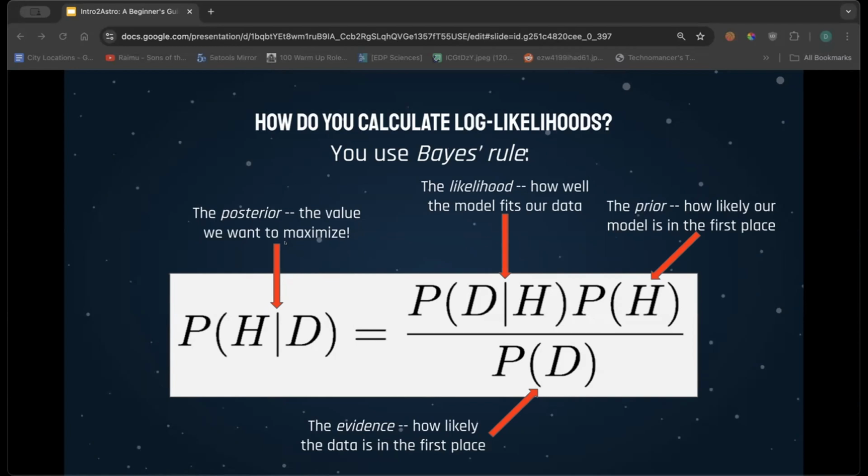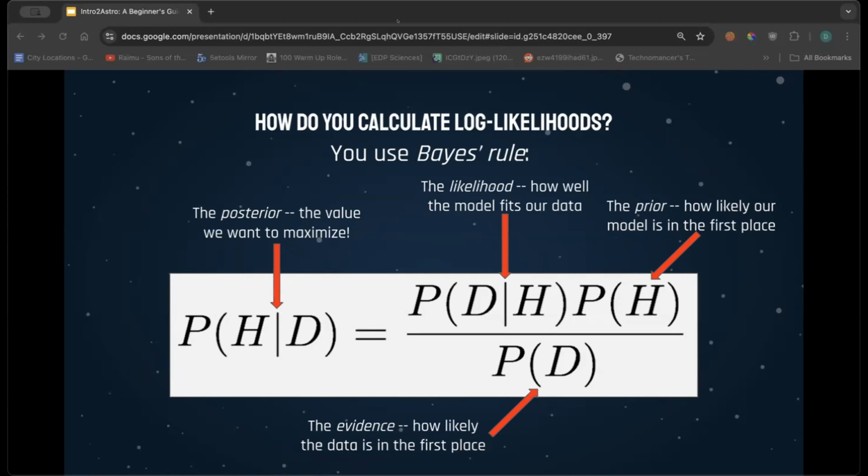But it can be really useful when we think about what event A and event B are in this context. So if we just swap those names around and replace event A with what we call here event H, the probability of our model being the true model, and we replace event B with event D, meaning the probability of our data being the actual data we observe, we can plug Bayes' rule in and get this big equation that I'm showing on the screen right here.